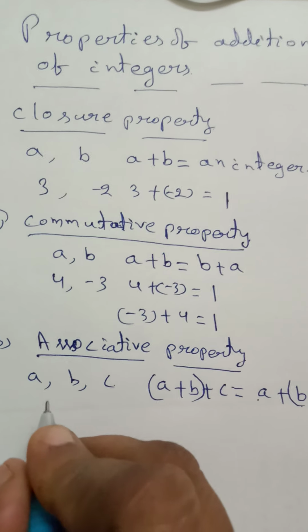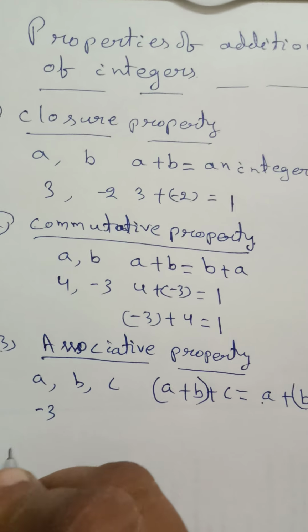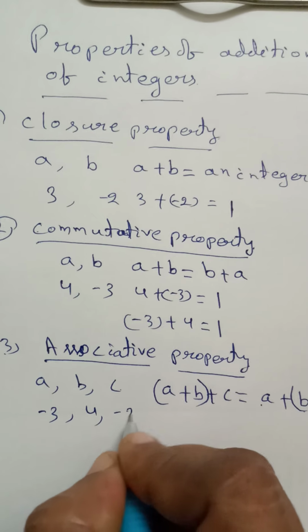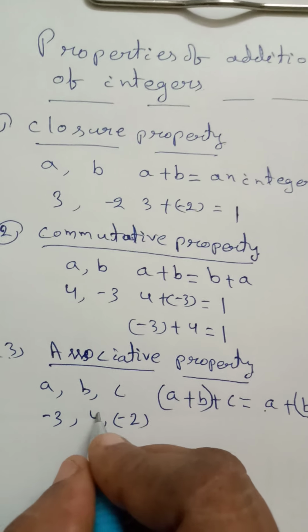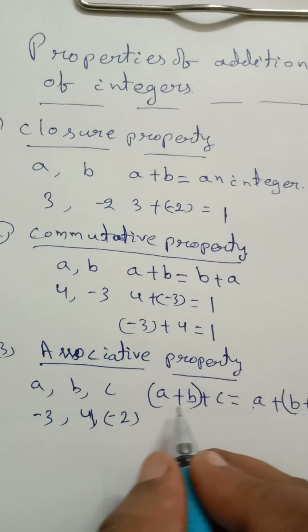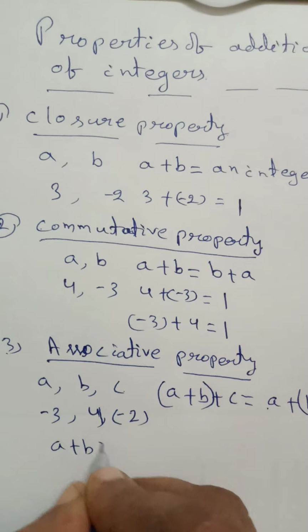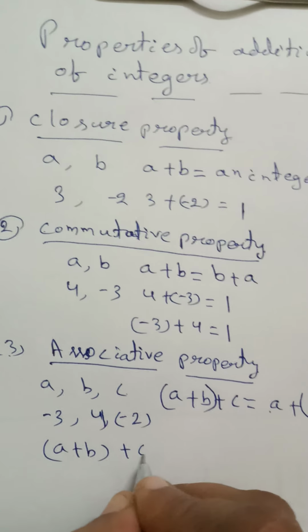We'll take one example. If a is minus 3, b is 4, c is minus 2. First the left side, a plus b in brackets, plus c.